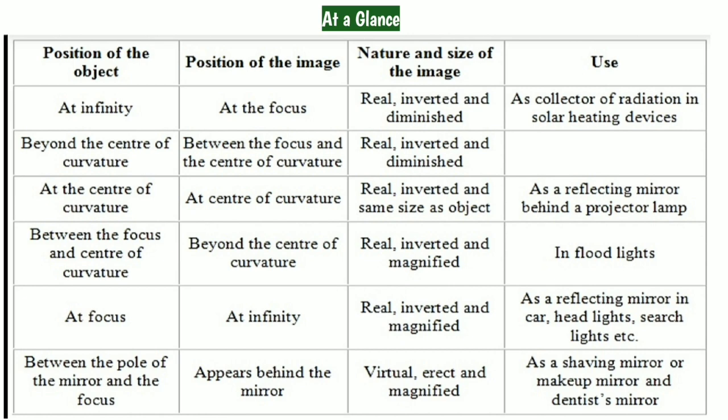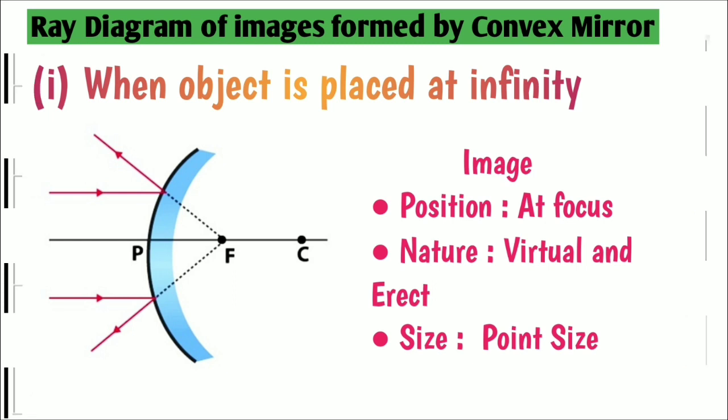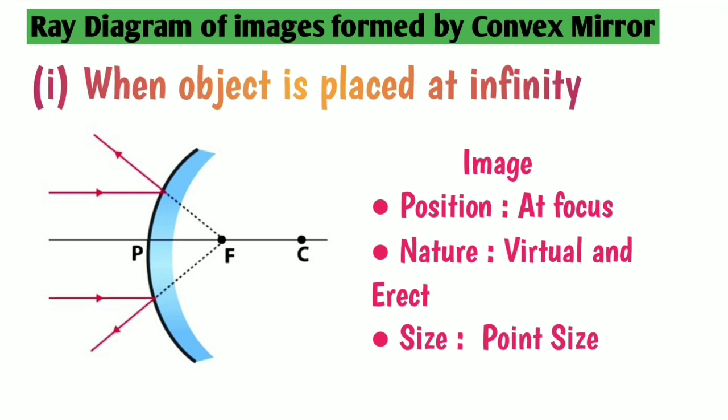Now we have to draw image formation by a convex mirror. There are two types. Type 1, that is when the object is placed at infinity. In this case, a parallel beam of light is incident on the mirror, and after incidence it diverges. Clear?